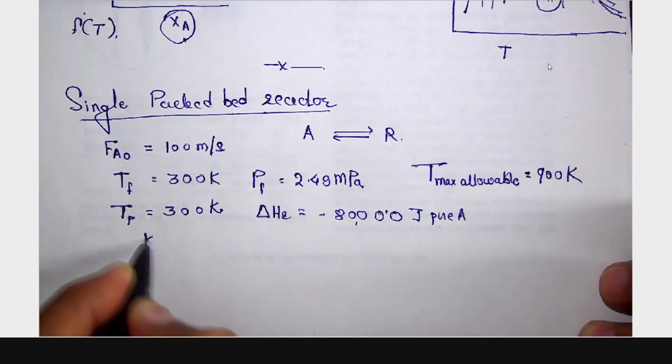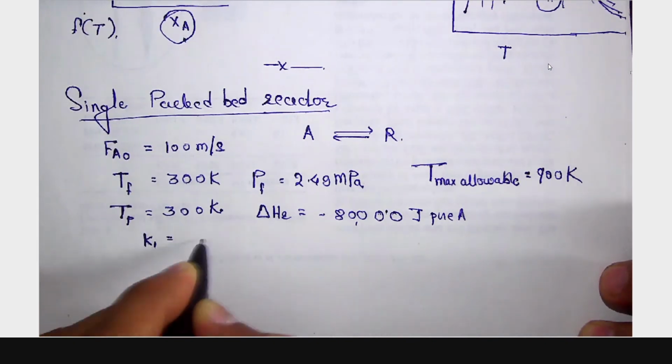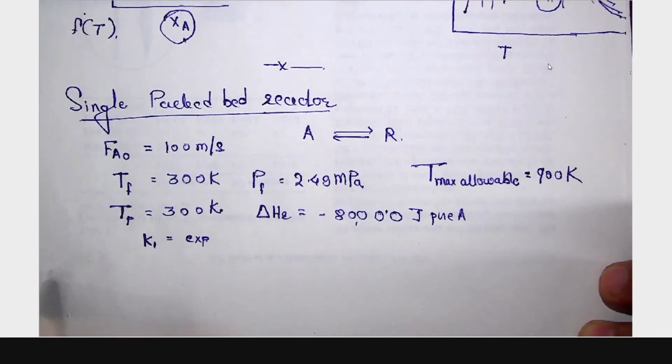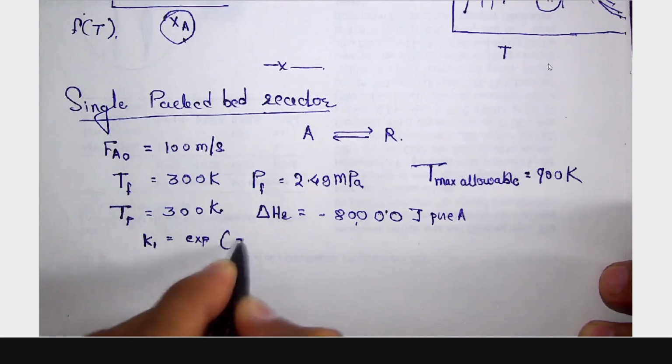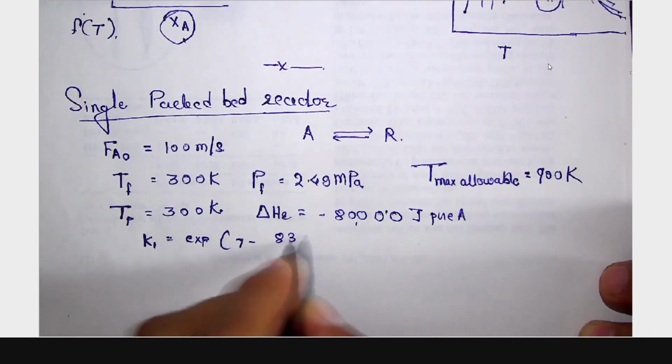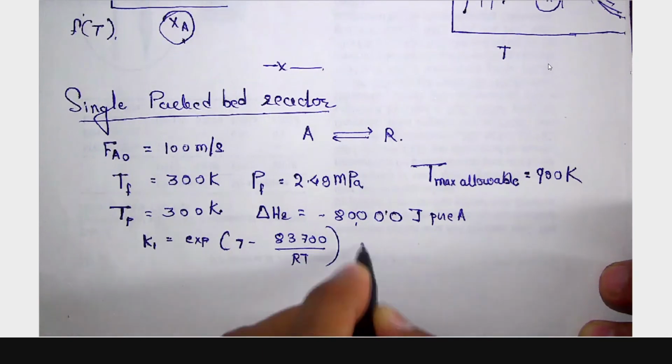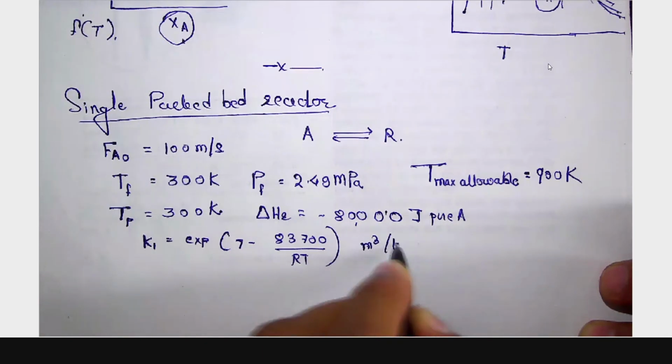K1 is given as exponential of 7 minus 83700 upon RT, meter cube per kg second.